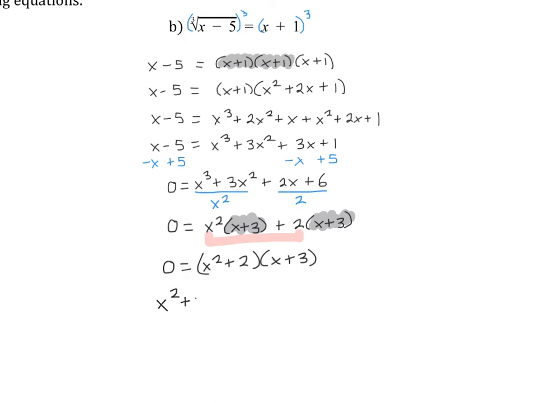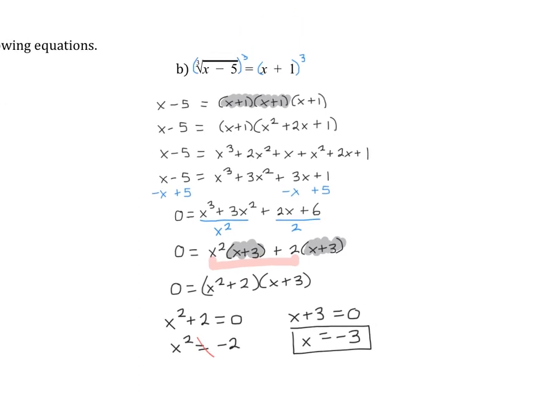So x squared plus 2 equals 0, x squared equals -2. It's impossible to square a number and get a negative answer, so there is no solution from this factor. So this factor doesn't tell us a solution. However, from the other factor, we can solve and we get x equals -3.